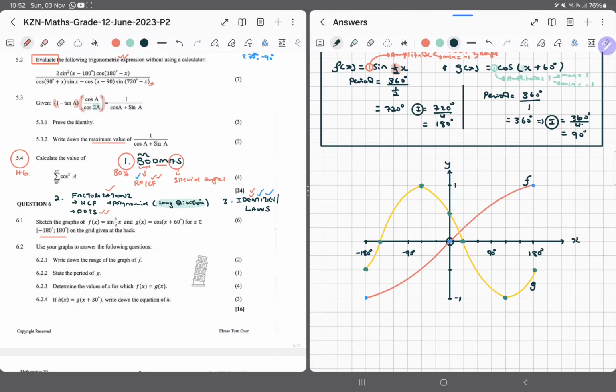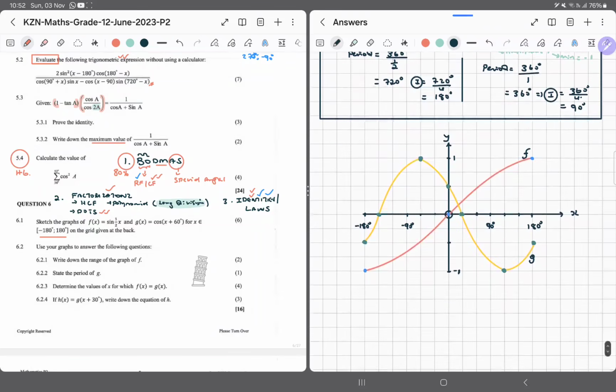Okay, so we've done 6.1, so we're stealing those 6 marks. Obviously, first is the 3 marks of the shape, and then any one of the intercepts, be it x or y. Maybe we can say any one of the x-intercepts, but usually just any one.